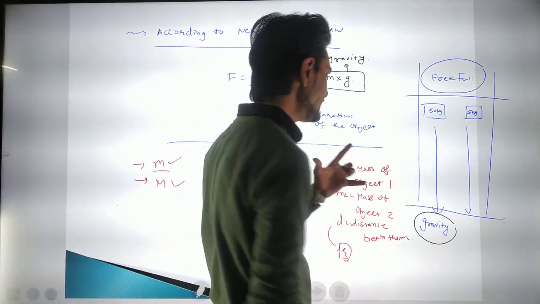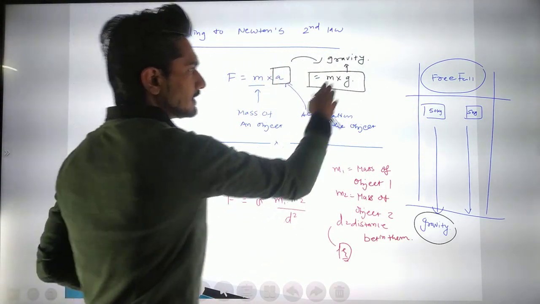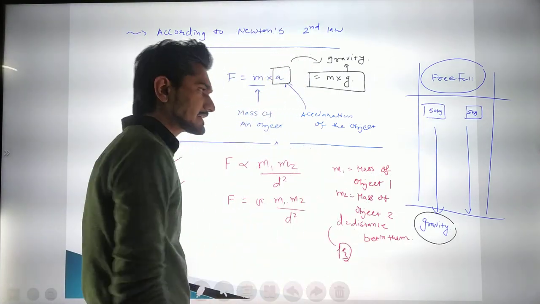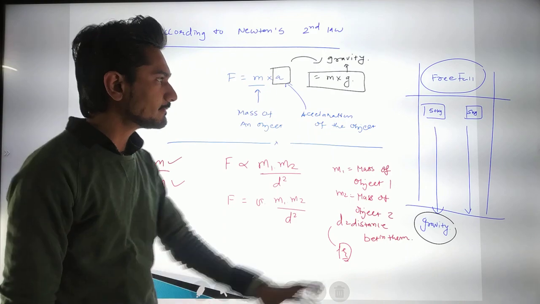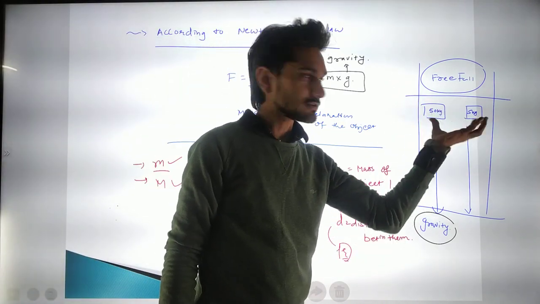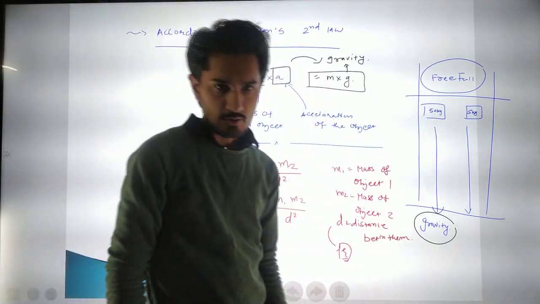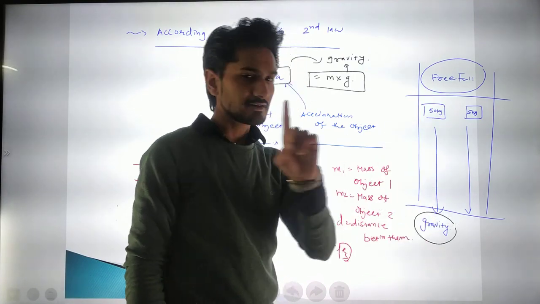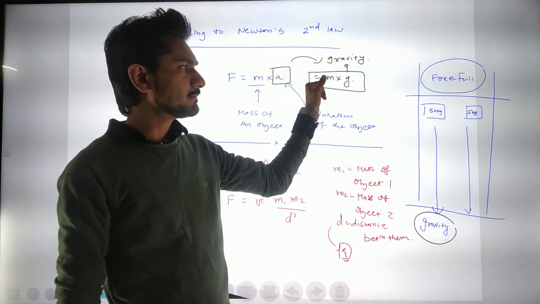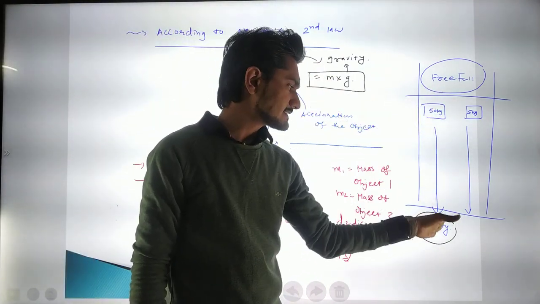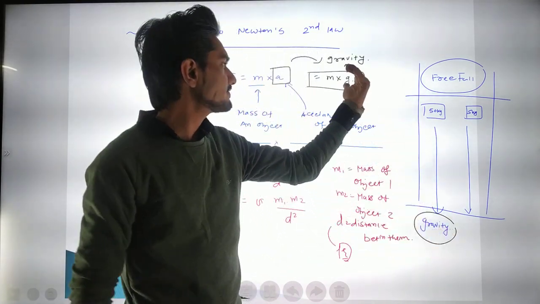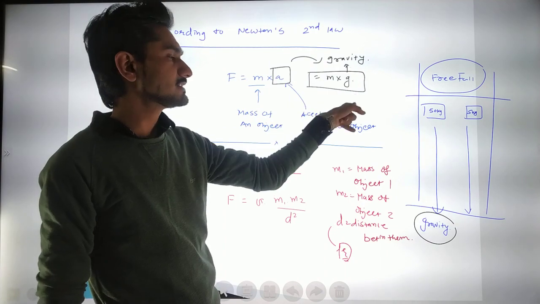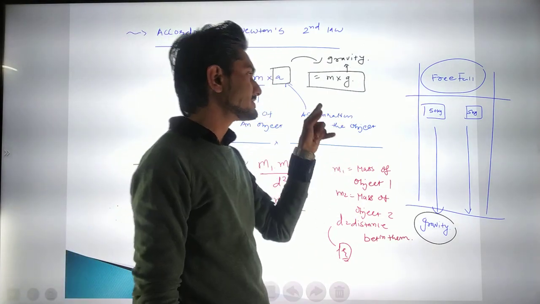Because the free fall that is applying on the object is only and only dependent on the gravity and the mass of the object. So mass we have taken m. Whenever we are considering one object, then we have to take the mass of that object, and the acceleration applying on that object is only because of the gravity. So that's why we have replaced the acceleration with the gravity small g.